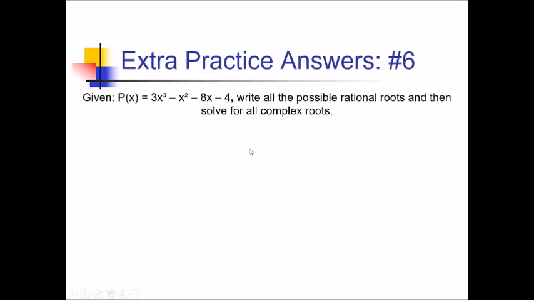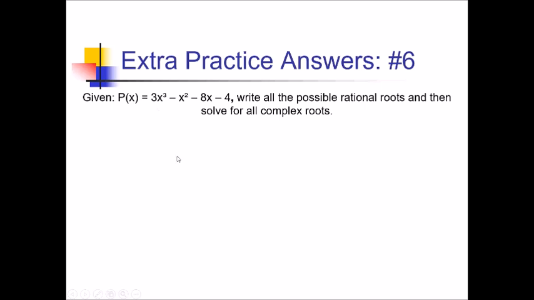On this problem, I am being asked to take this polynomial and write all the possible rational roots and then find the actual complex roots. So the first part of this problem, the rational roots, I'm going to get a bunch of fractions that are combinations of the factors of the constant in the numerator and factors of the lead coefficient of 3 in the denominator.